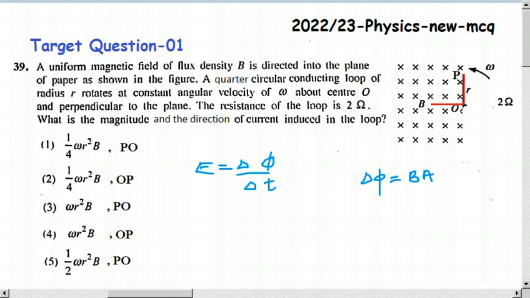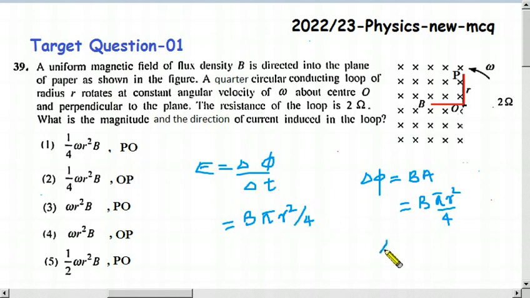That means we write as area, pi r squared divided by 4. If it were a full circle, it would be pi r squared, but since it is a quarter only, divided by 4. So here we write B pi r squared by 4.